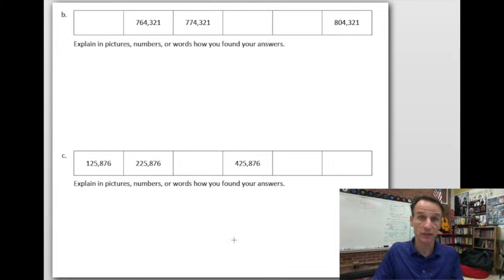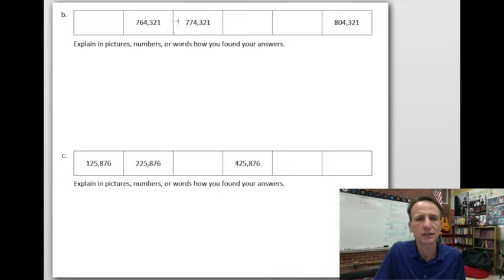And now for 3B and C, same instructions. So we have a blank to start with. 764,321, 774,321, blank, blank, 804,321.